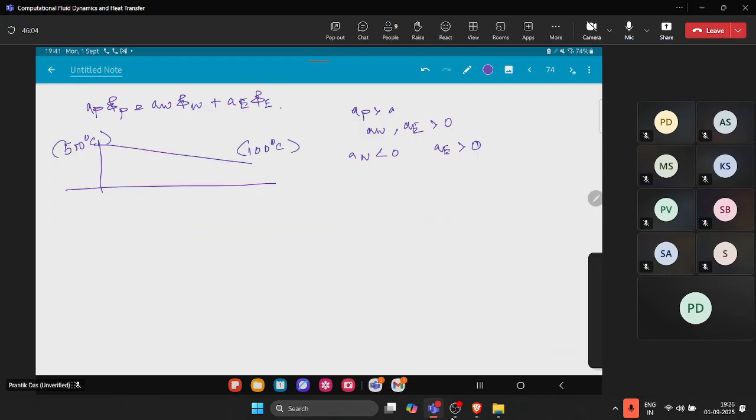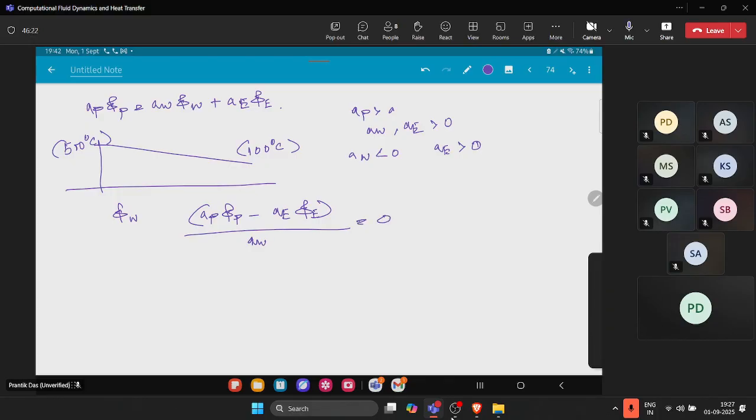Okay, so if I want to find phi W, then AP phi P minus AE phi E divided by AW equals phi W. Okay, so what we are seeing is that AP is positive, AE is positive, phi P is positive, phi E is positive. Okay, AW is negative.